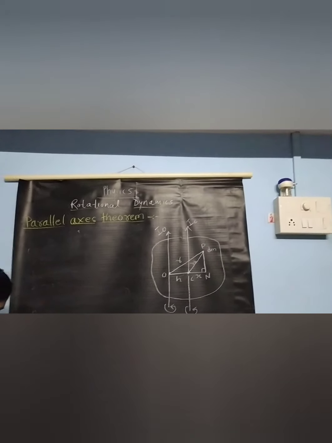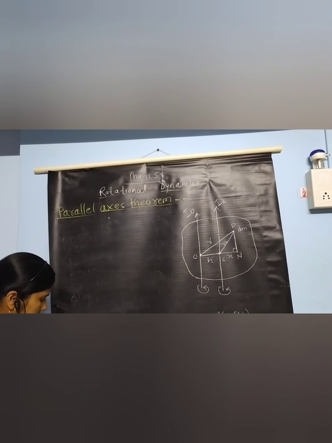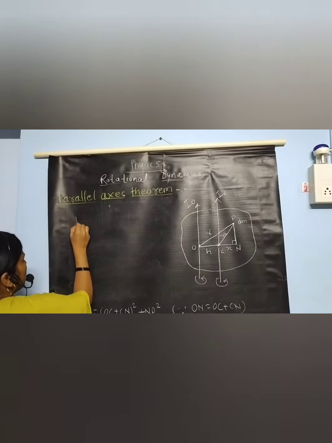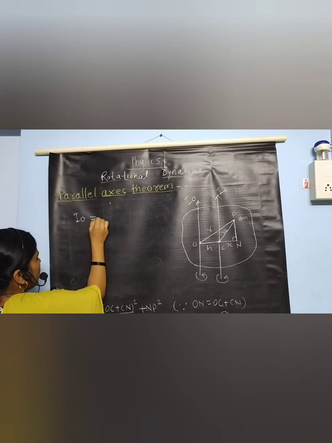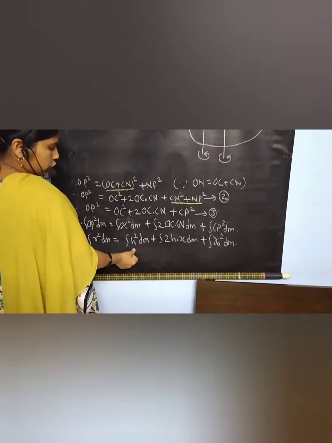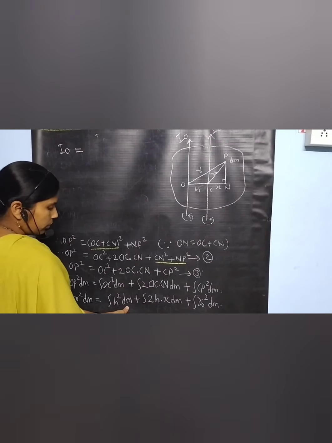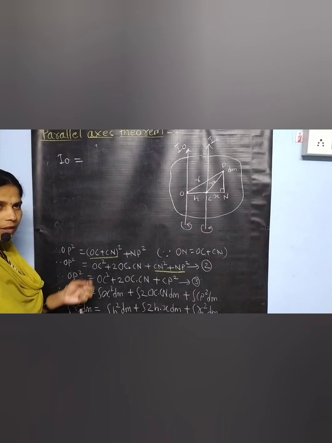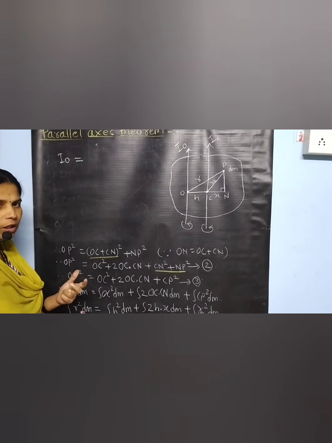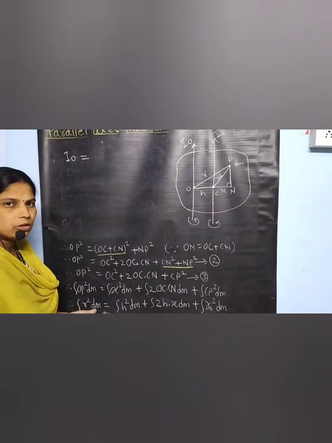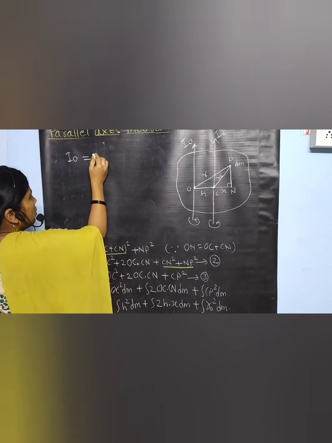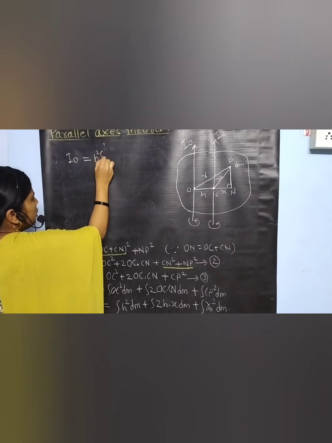Then we are getting integration of R square dm, which is equal to IO, equal to integration of H square dm, where H is a constant term and dm is a very small mass, so that when we integrate dm, we get the total mass. Therefore, the constant term is out of the integration.